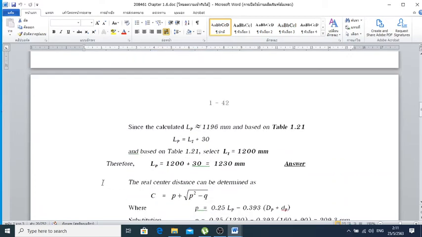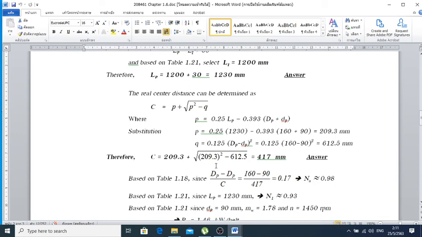So therefore, I go to table 1.21. I get L sub P equal to L sub I plus 30. So based on table 1.21, I select L sub I as 1,200, plus 30.